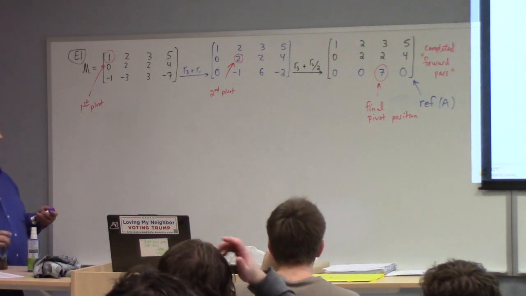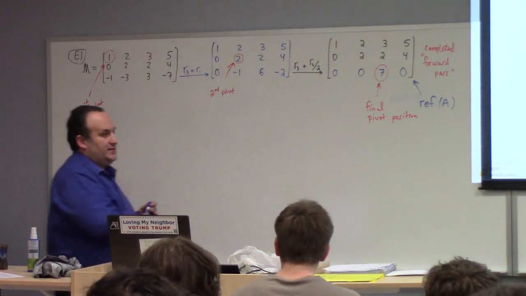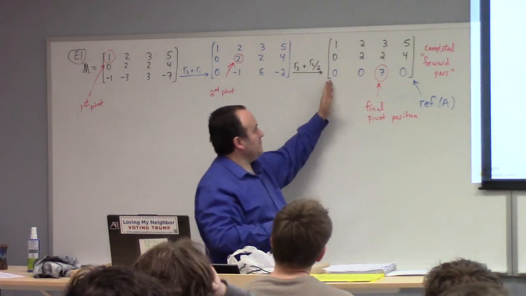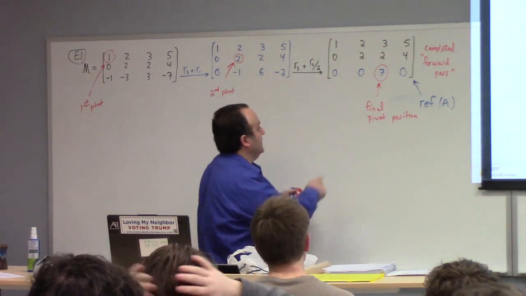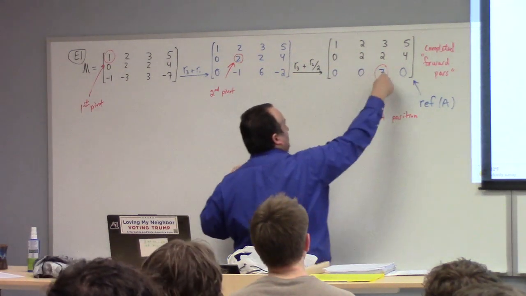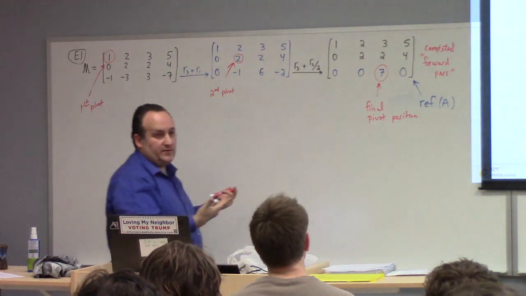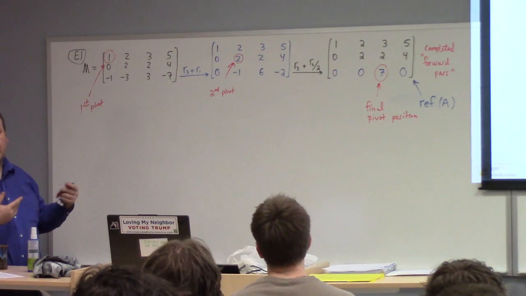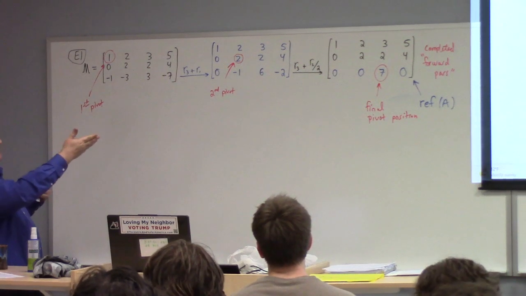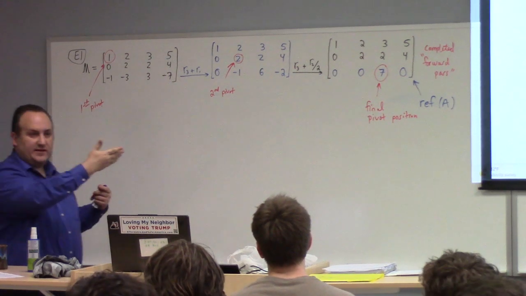This is not the reduced row echelon form yet, because notice that the pivot positions, particularly 2 and 7, these guys, the entries above, are non-zero, right? Now, thinking back to the first class, this would still be useful if it corresponds to a system of equations, right?